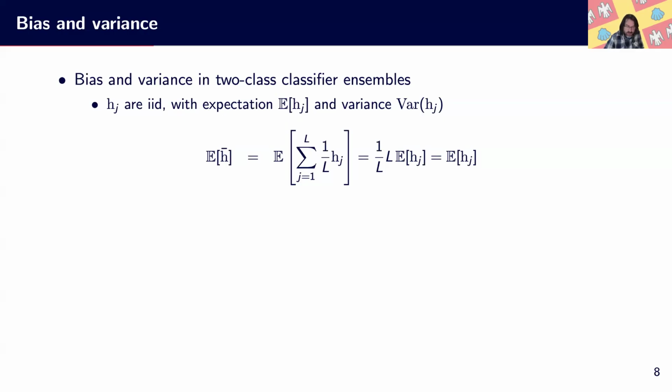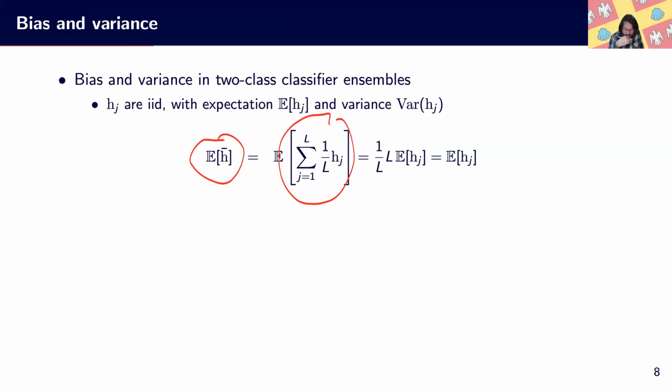And so the expectation for the ensemble, H bar, is equal to the expectation over the sum. This is basically the weighted vote approach that we have here, and we assume that the weights are equal, like with majority voting.